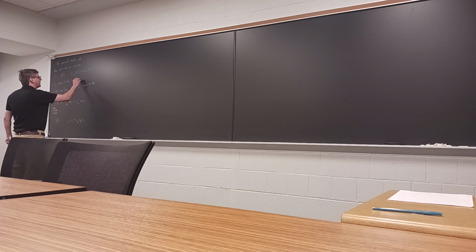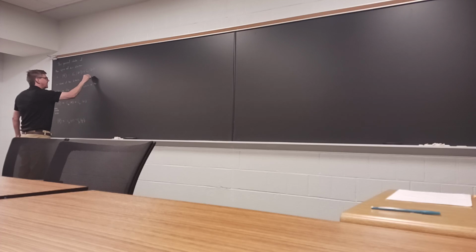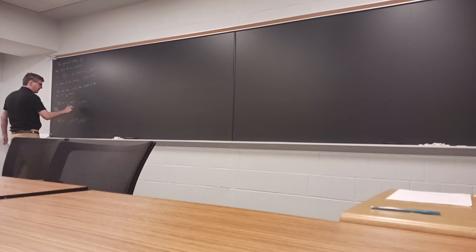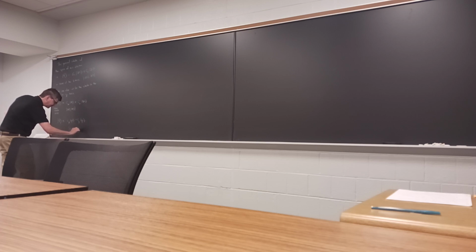Okay, let's see, the Z basis is Z plus and Z minus, these are kets. The basis here is X plus and X minus, and the basis here is Y plus and Y minus.